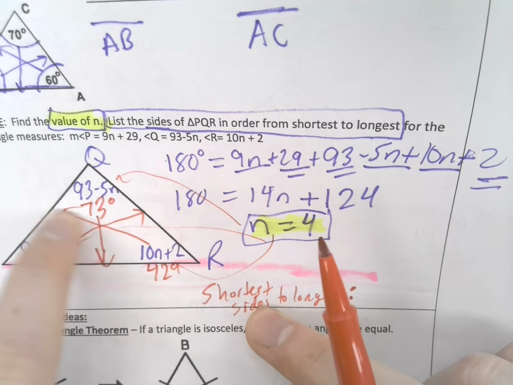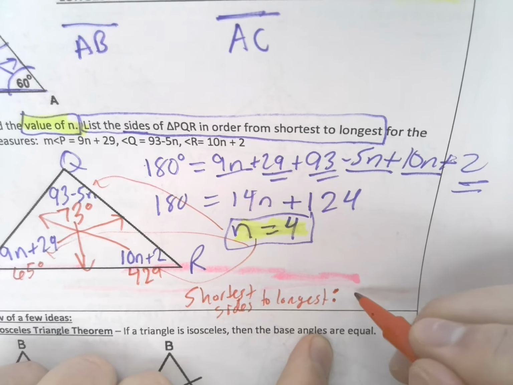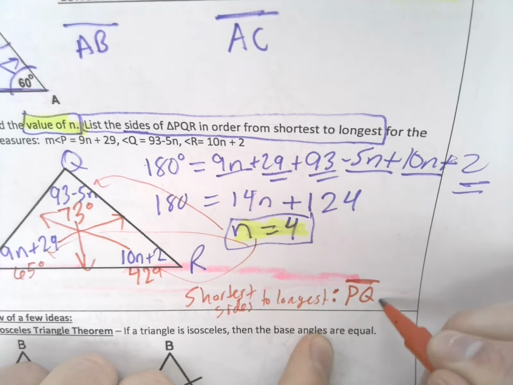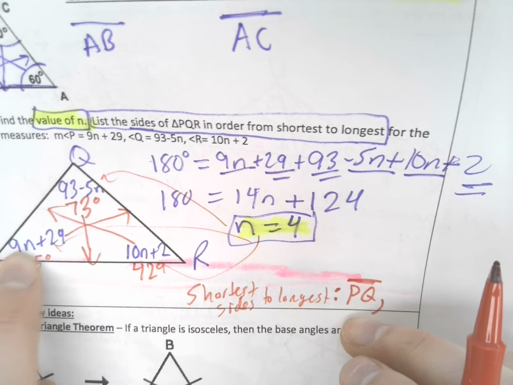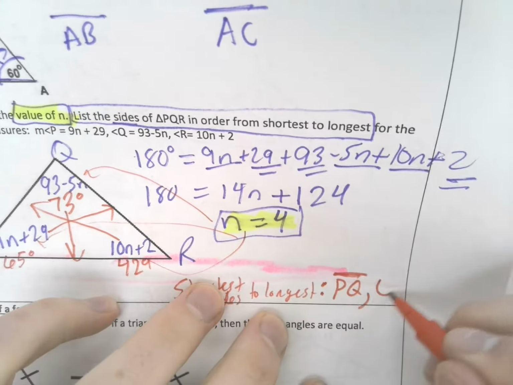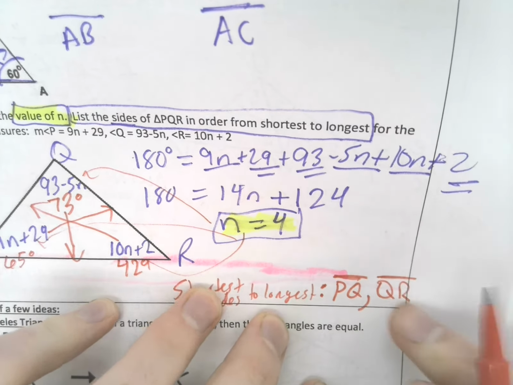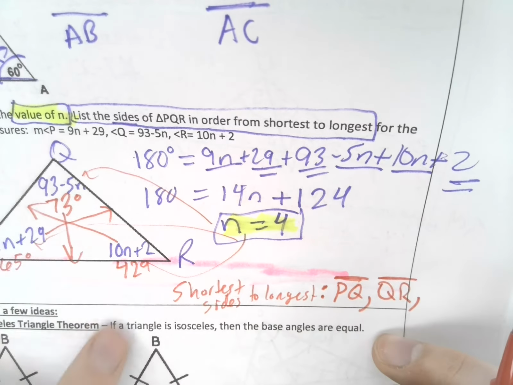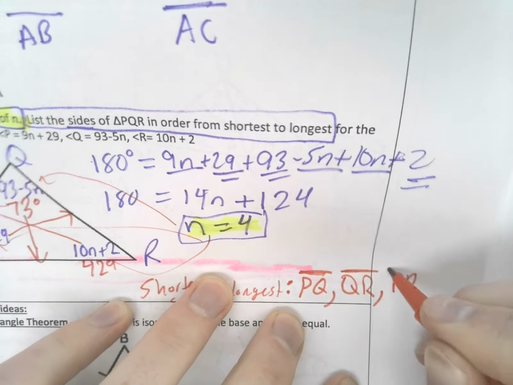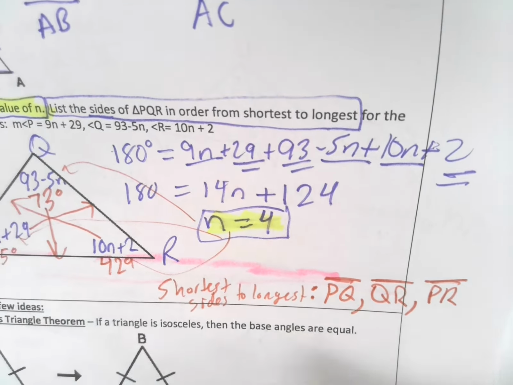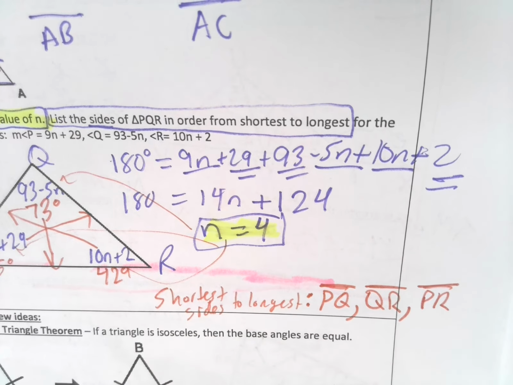So angle R projects to, looks like PQ is going to be our shortest. Yep. Followed by, we got 65 degrees. That angle opens up to QR. And then finally, 73 degrees opens up to PR. So that would be the sides from shortest to longest.